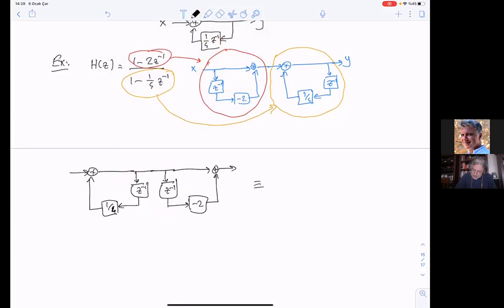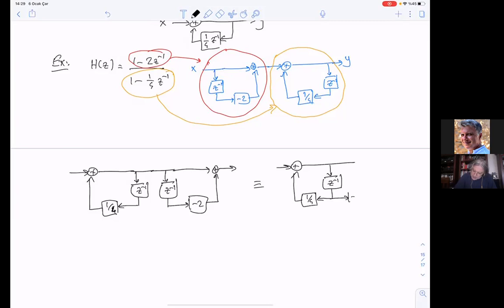And the simplest form, or the reduced form, is like this. There's only a single delay element at this point, and its output is going to the left and to the right. The left part is multiplied by 1 over 4 with a feedback.